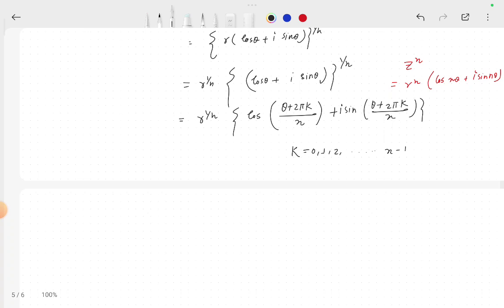From which we get n different values for z to the power 1/n.